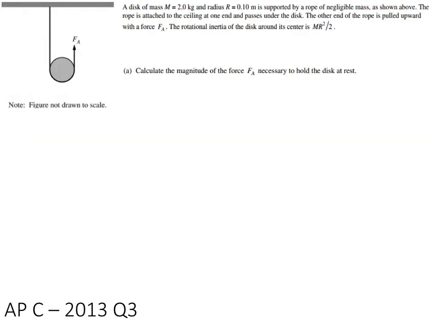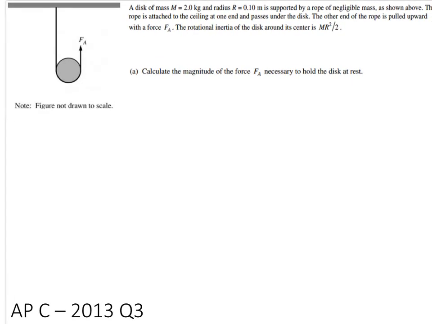Alright, so starting off, this is easy. It wants to know what's the magnitude of force Fa necessary to keep the disk at rest. Well, it's at rest, so should be easy enough. Just F net equals 0, so that means that Fa plus Ft equals mg.